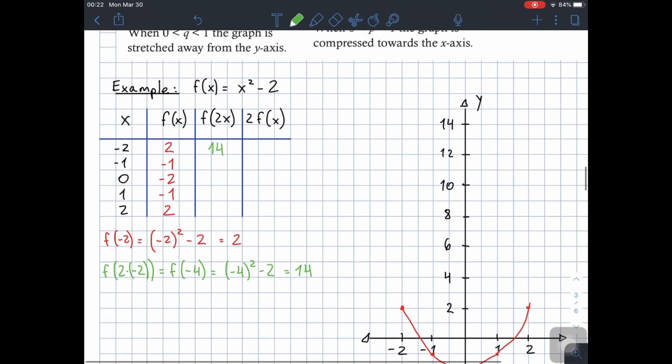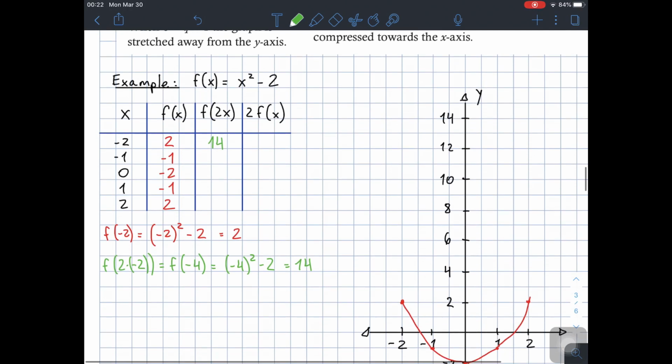And then we could keep on doing the same for the rest. In the second case, for example, this is 2 times negative 1. This is the same as saying f of negative 2. So this would be f of negative 2. We know it's 2, right? So this would be 2. Then for 0, this would still be f of 0.